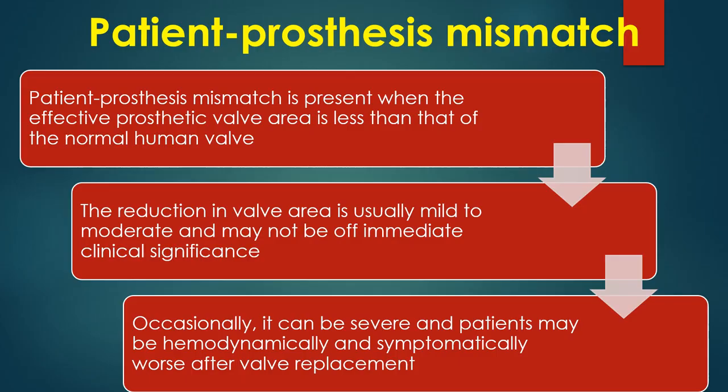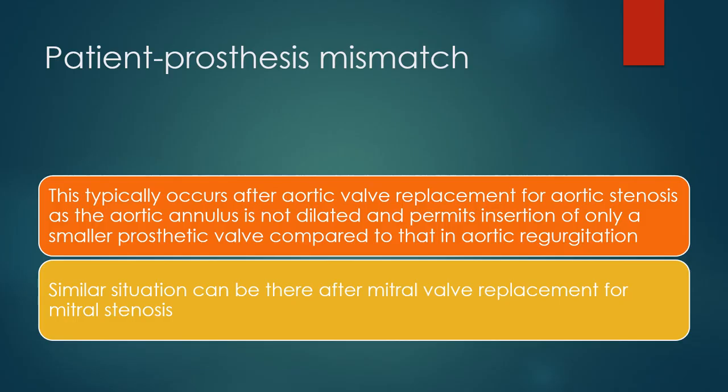Occasionally, it can be severe and patients may be hemodynamically and symptomatically worse after valve replacement. This typically occurs after aortic valve replacement for aortic stenosis, as the aortic annulus is not dilated and permits insertion of only a smaller prosthetic valve compared to that in aortic regurgitation.